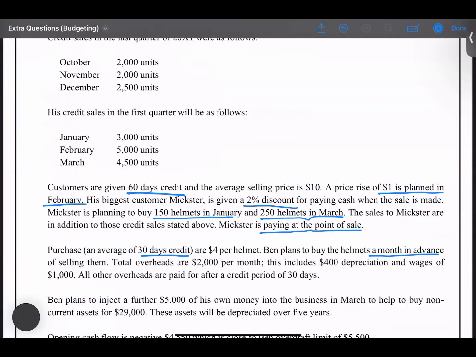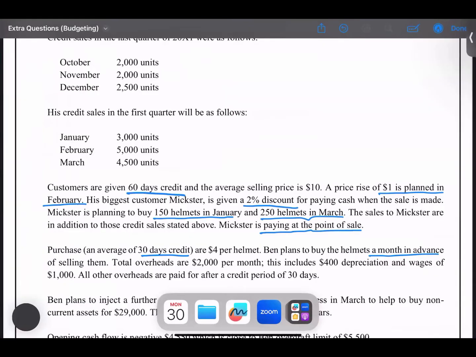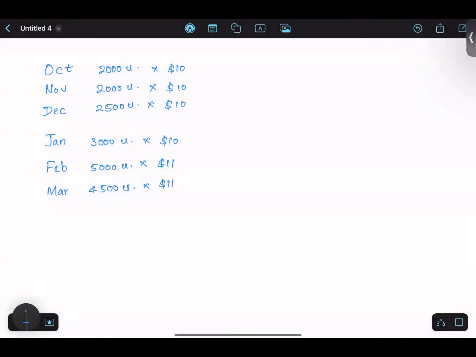Customers are given 60 days credit. So October sales will be $20,000. November sales will also be $20,000. December sales will be $25,000.